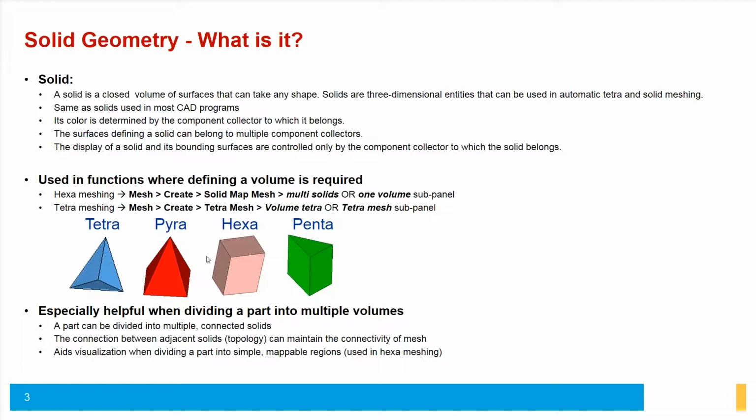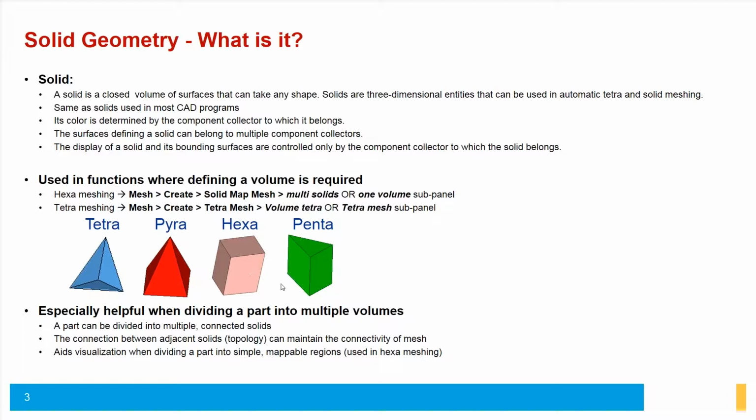The difference between them is that a tetra element is a 3-dimensional triangular element where you have triads on each one of the faces. A hexa element is a cube element where you have quad elements all around the different faces. A pyramid is essentially a triangular top with a square bottom, and a penta has square sides and triangular faces.